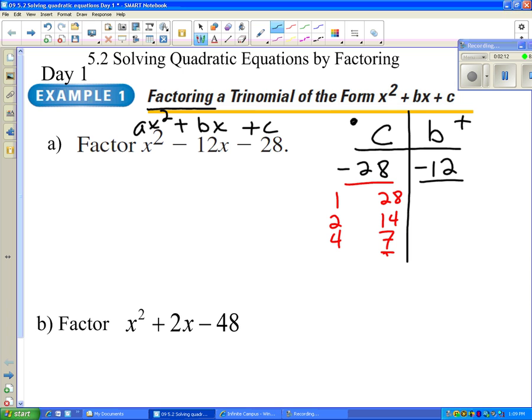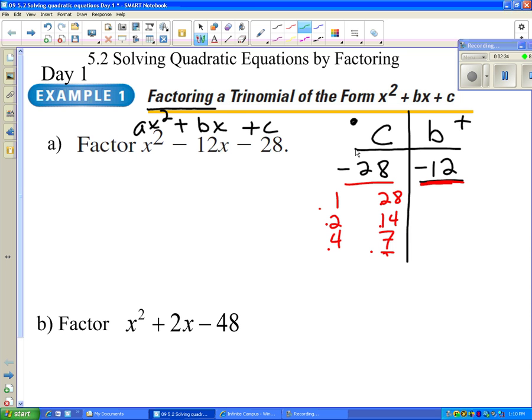So now I have to look at the negative 12. What makes my 28 negative depends on what this negative 12 is. 1 and 28, there's no way to get 12. 4 and 7, I can get 11, but I can't get 12. 2 and 14 will give me 12.